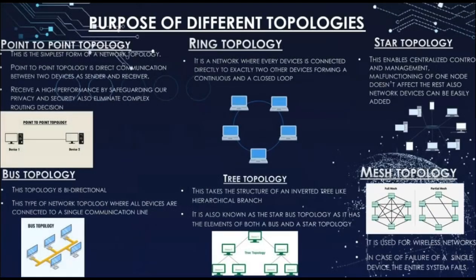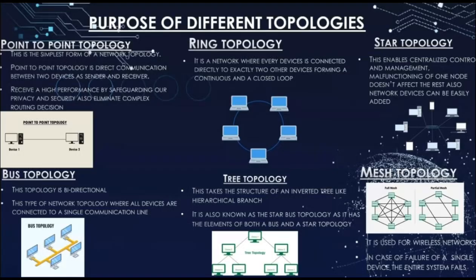Purpose of different types of topologies. Point-to-point topology is a simple form of network topology. It is direct communication between two devices, the sender and the receiver. It gives high performance while safeguarding privacy and security, and also eliminates complex routing decisions.